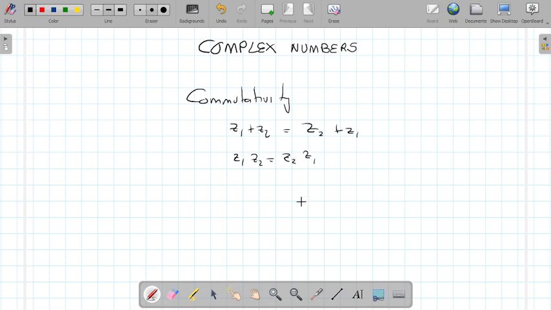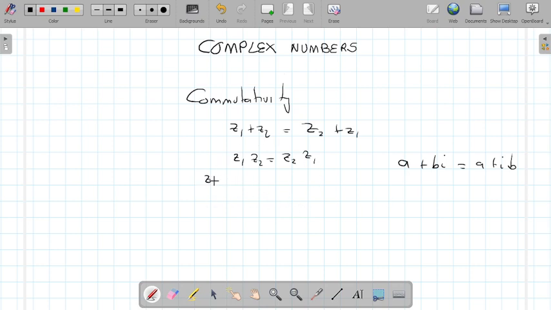Here, let me tell you something about complex numbers that is really important. It comes from this commutativity with respect to multiplication. Notice that writing A plus BI is the same as writing A plus IB. Let's see what happens.